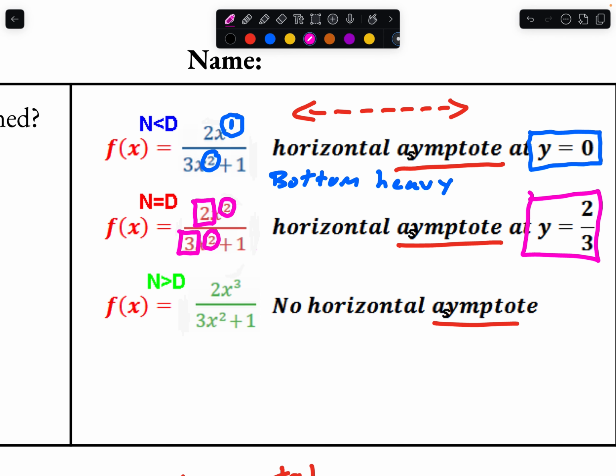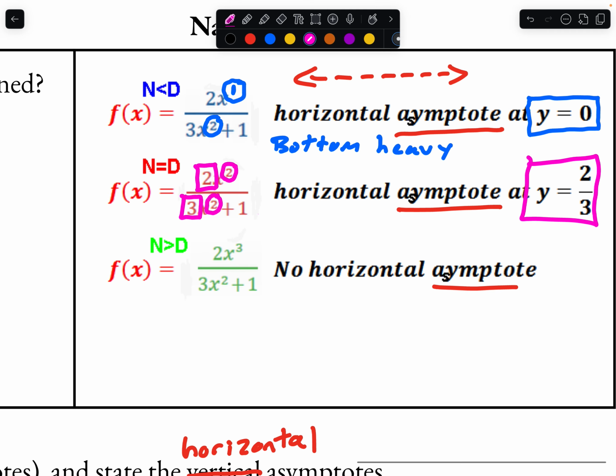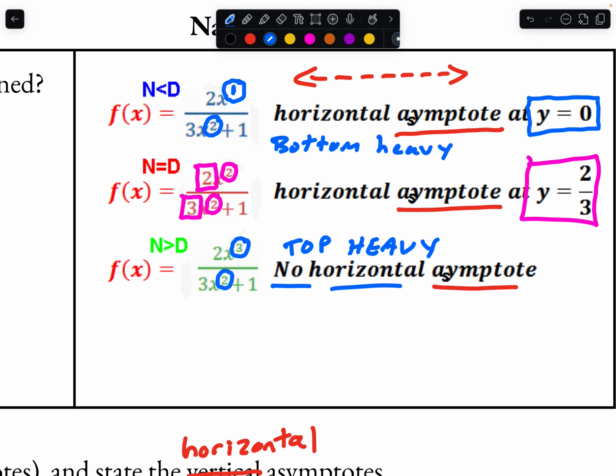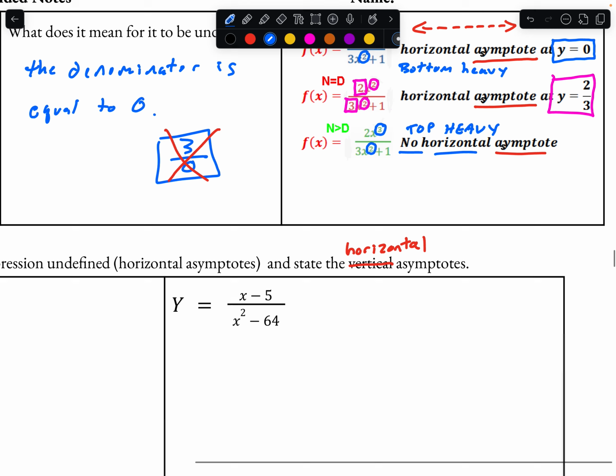The third version is when the numerator is larger than the denominator, meaning a larger degree on the top. I've got a 3rd degree there and a 2nd degree there, so this is a top-heavy function. That means there are no horizontal asymptotes. As these numbers get infinitely large, there is no specific point that it approaches.